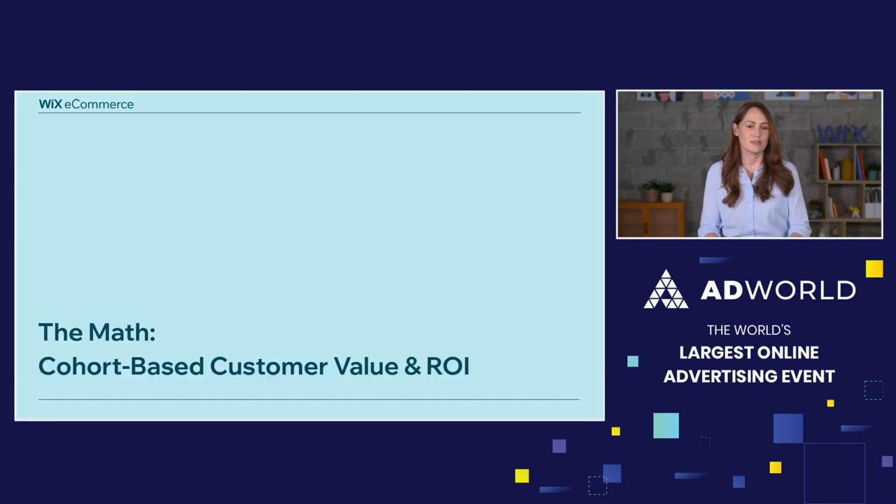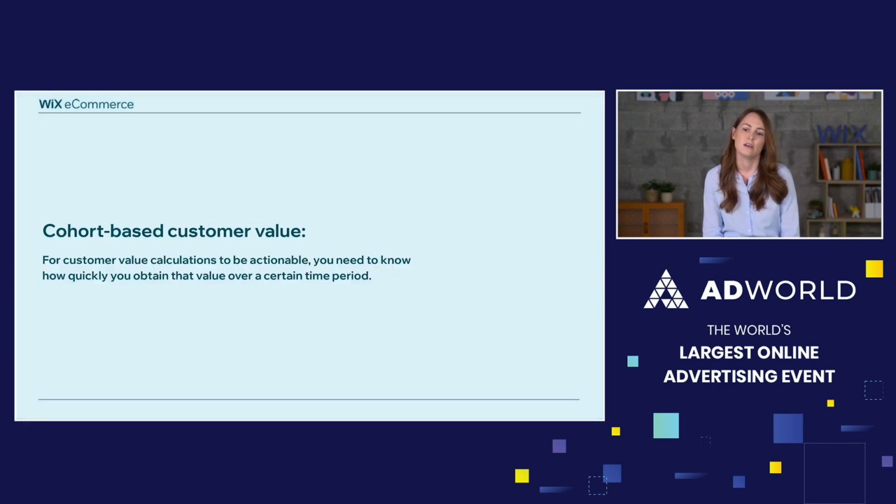So this brings me to the next part of the math, which is going to be cohort-based customer value and ROI. And this is going to help us focus on those short-term challenges. So for customer value calculations to actually be actionable, you need to know how quickly you're going to obtain that value over a certain period of time.